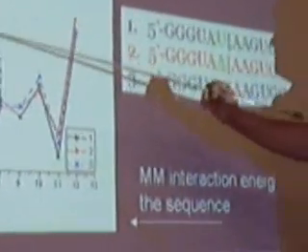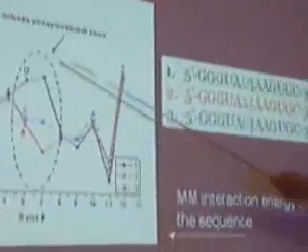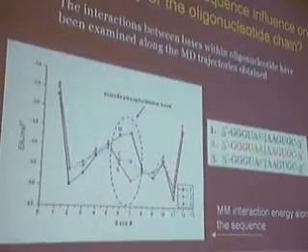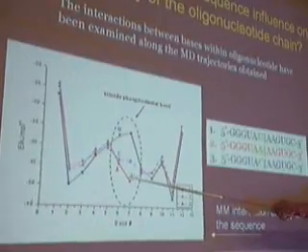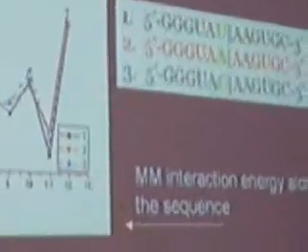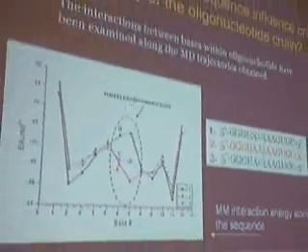And it correlates very nicely with the reactivity. The one which is less stacked at the cleavage site is cleaved fast. And the one which is really stacked at the cleavage site is cleaved very slowly.